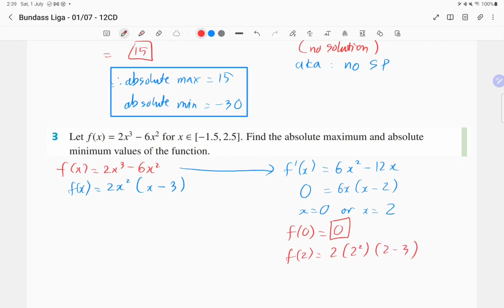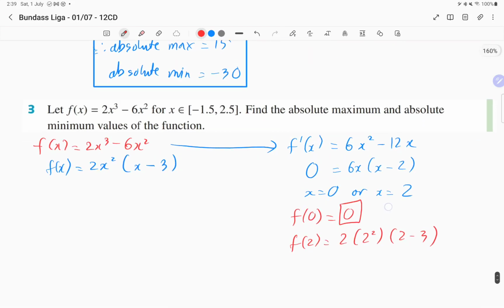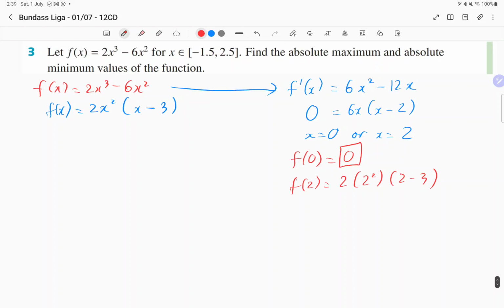Did you guys get the derivative for question 3? When you derive it, you need to use the normal one, not the factorized one. The factorized one is only for when you substitute values in, like this one here.